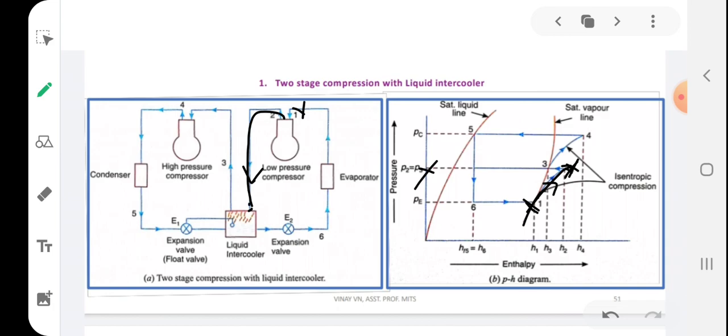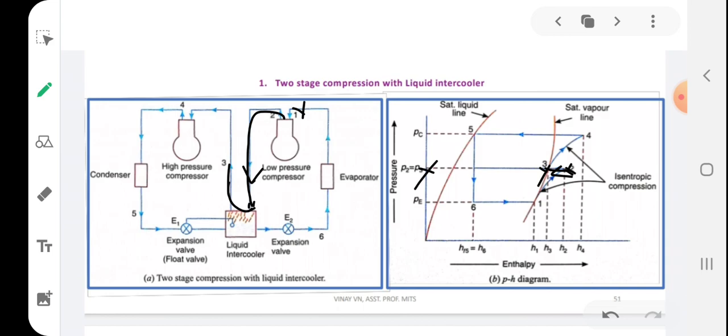From 2 to 3 it gets cooled, right? From 2 to 3 the temperature decreases but the pressure remains constant, and at 3 it again reaches the dry saturated condition.